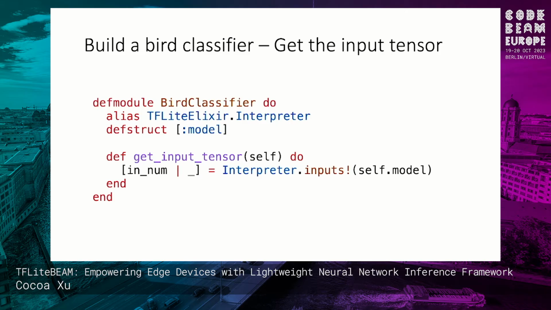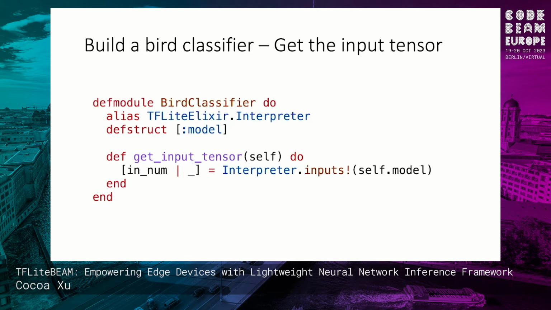It will return the indices of those input tensors. For example, if you have 2 or more input tensors, then it will return something like 5 and 10 in that array. For example, if you are using artistic style transfer, then you will have 2 input tensors.